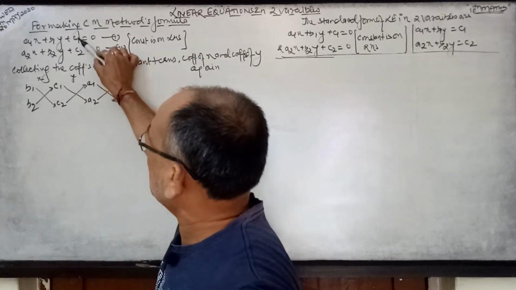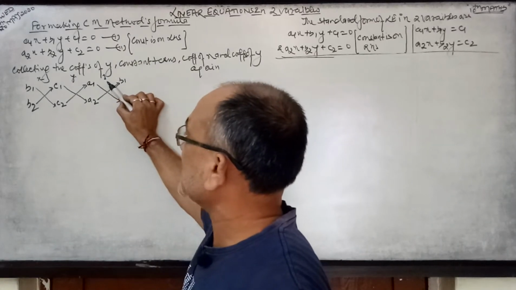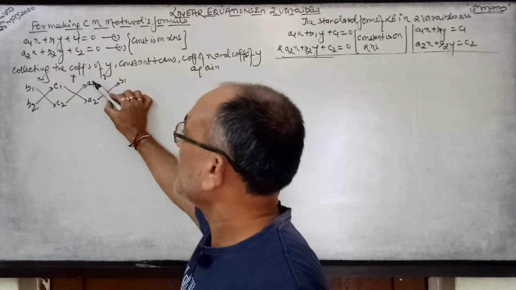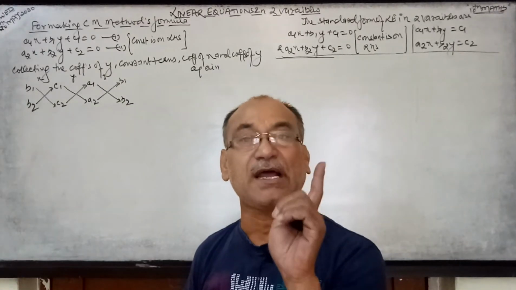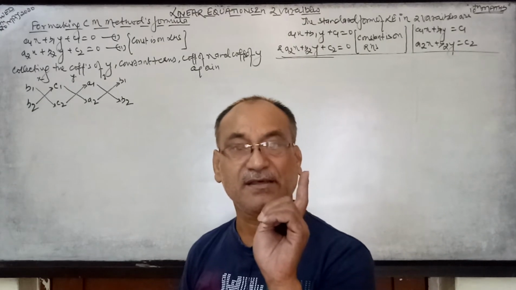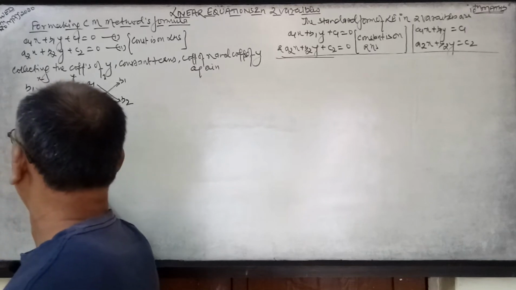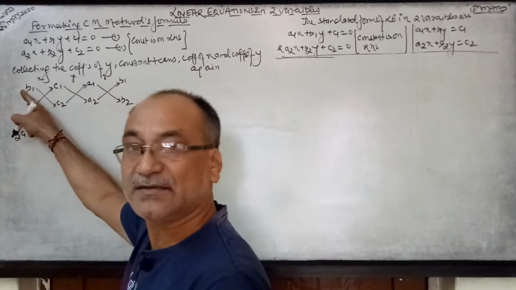When the constant is on the left hand side and equal to 0, in that case while you are making the Saras diagram, in between the coefficient of x and coefficient of y you will write plus 1, plus 1, keep in mind.